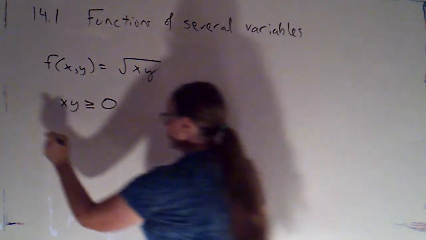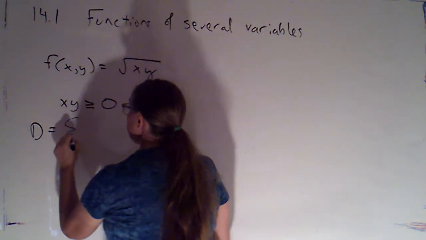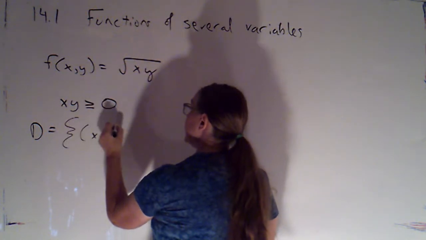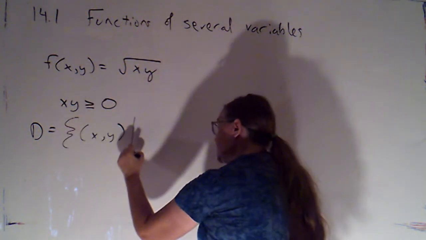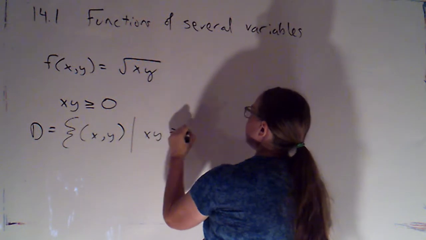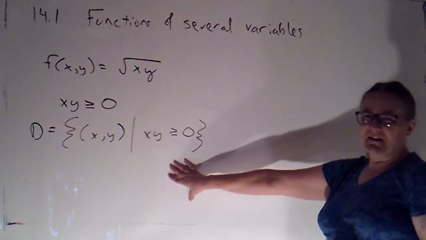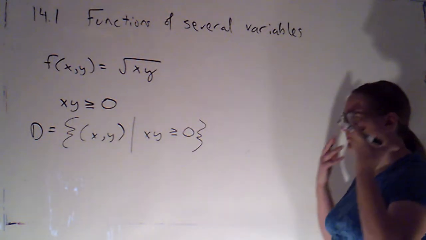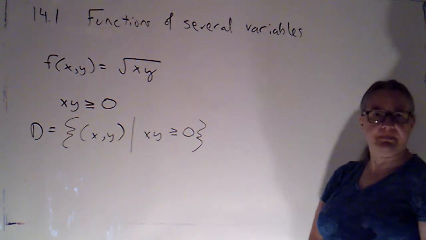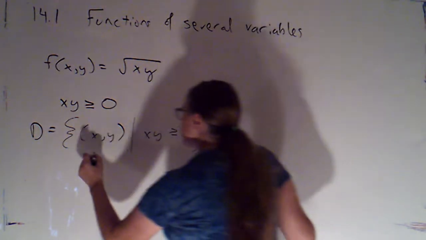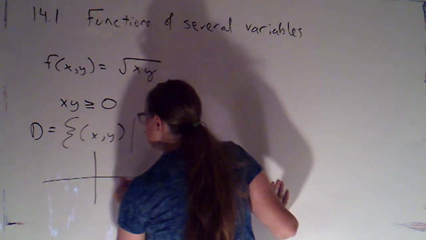So I could simply describe the domain as being the set of all points x, y, such that that inequality is satisfied. But it's often going to be more useful to have a graphical sense of what the domain would be. So let's just take a look.